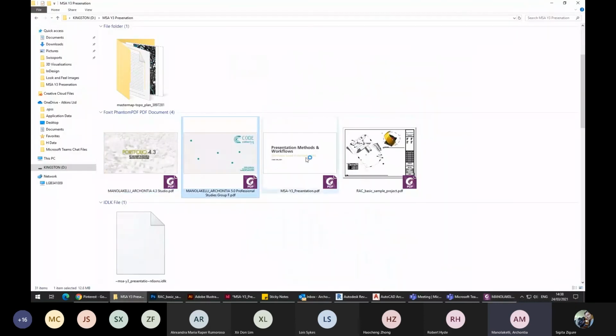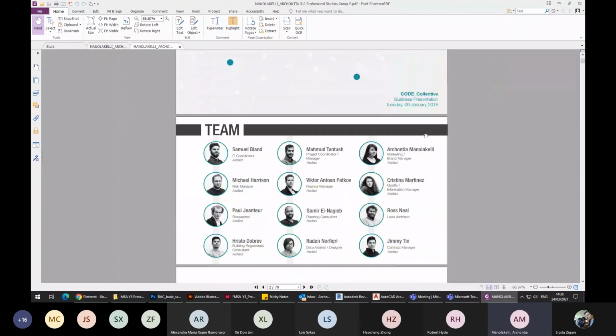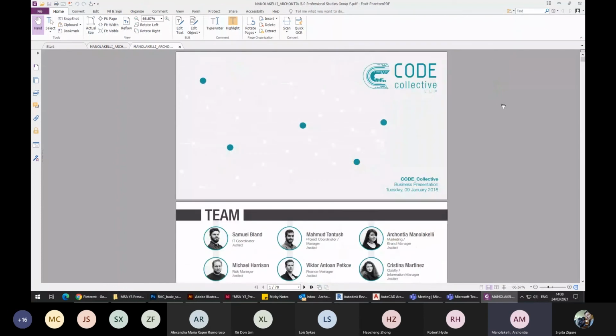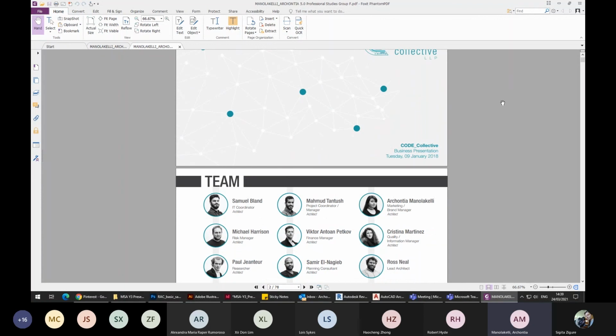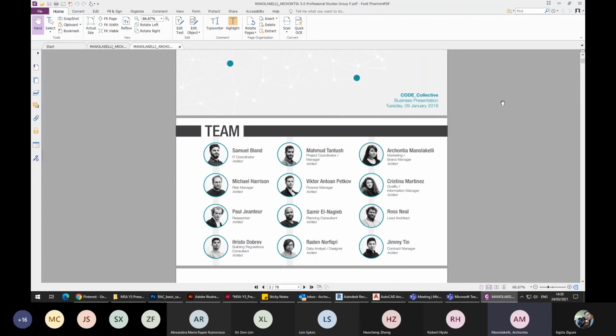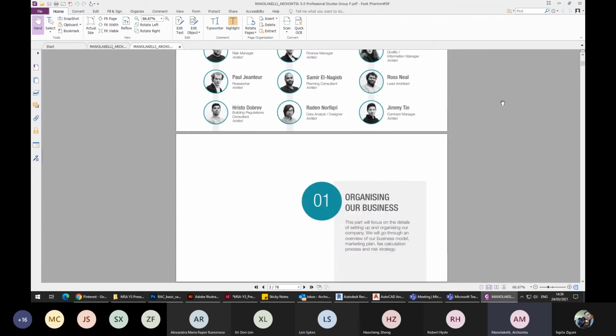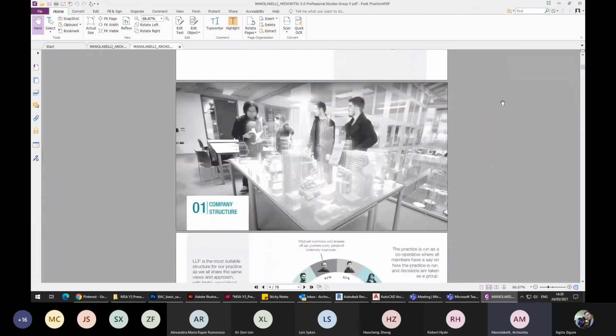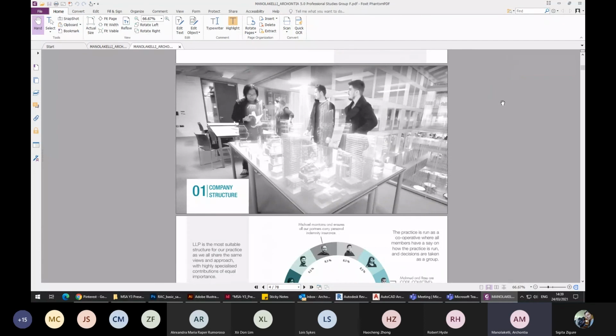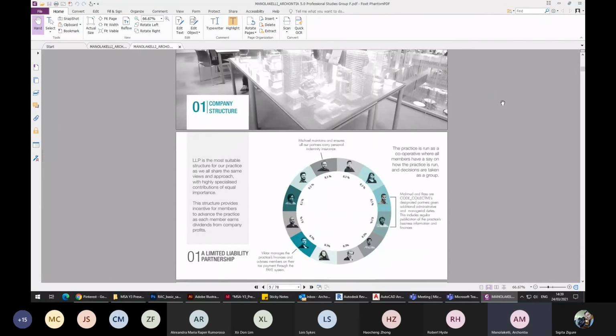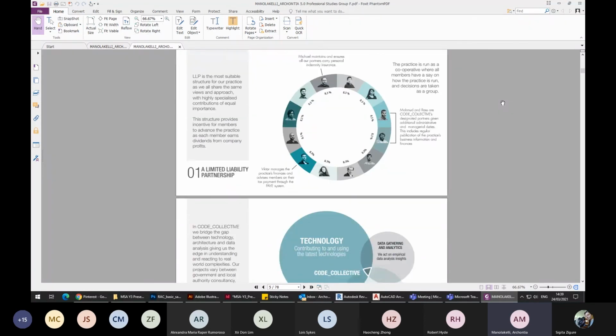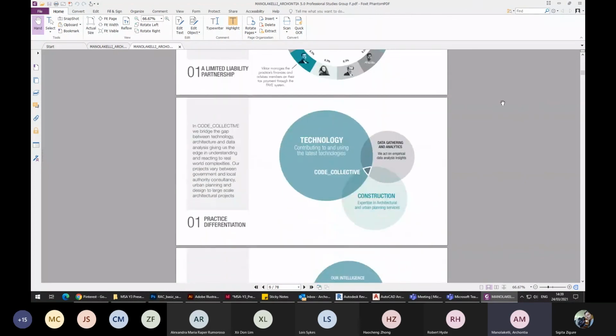Another similar presentation is this one here that was done for 5th year. It was done for the professional studies work that Rob Hyde was running at the time. And this is not necessarily related to the portfolio. It's more about business operations and how you propose an architectural business.